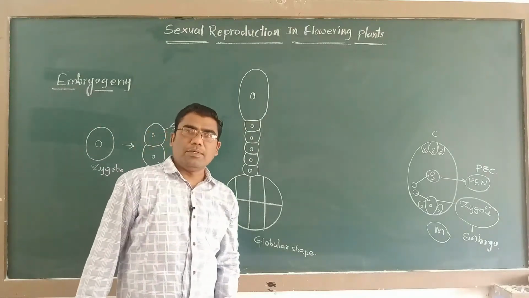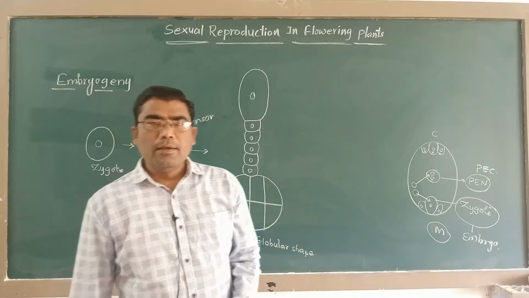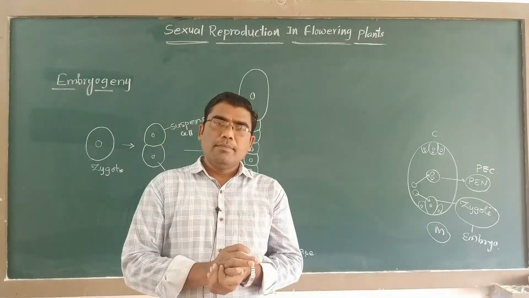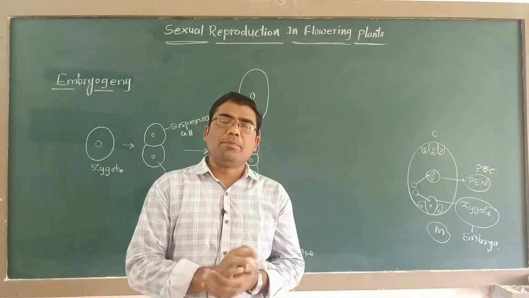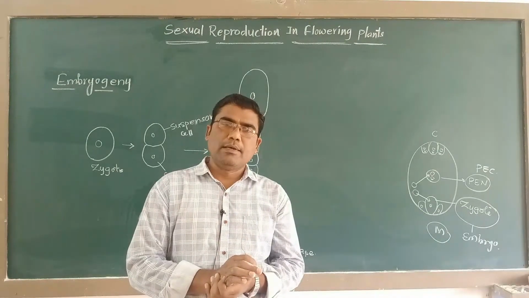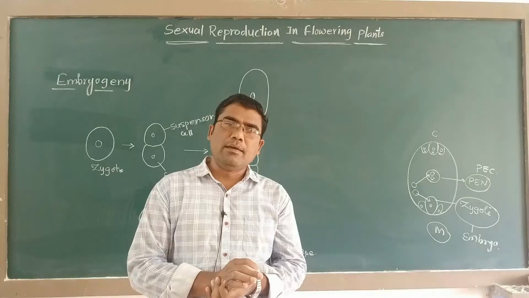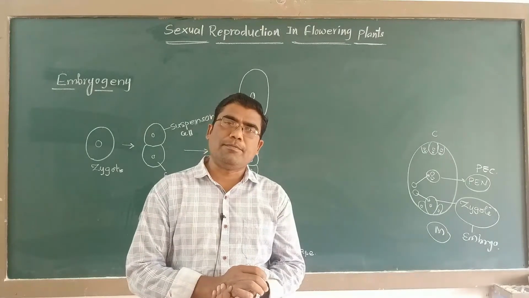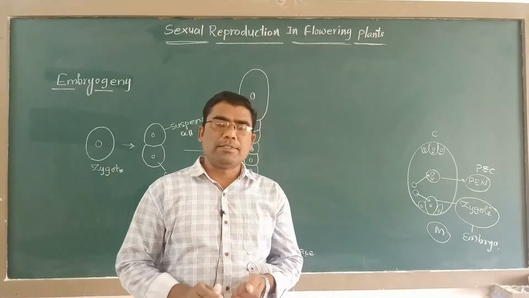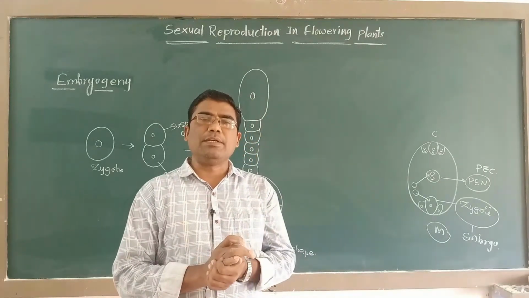For your kind information, please remember this one. In the ovule, after fertilization, first endosperm is produced, because endosperm stores the reserve food material required for the growth of the embryo.